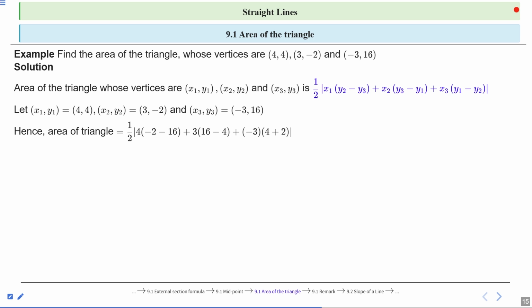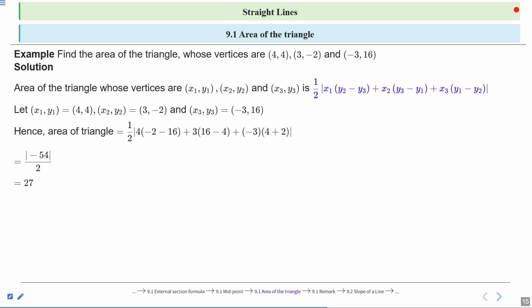Now let us simplify this. If we simplify, we obtain the modulus of minus 54, divided by 2.